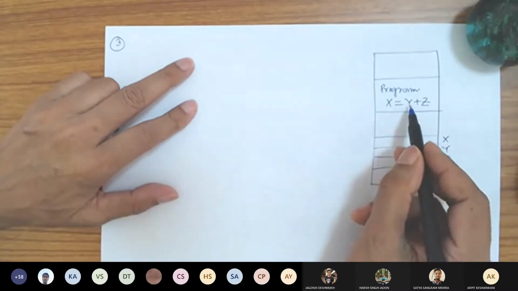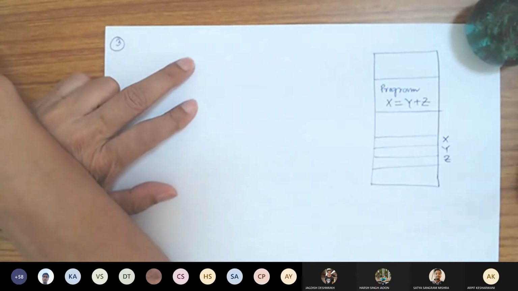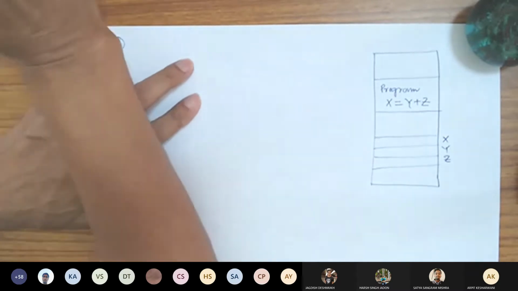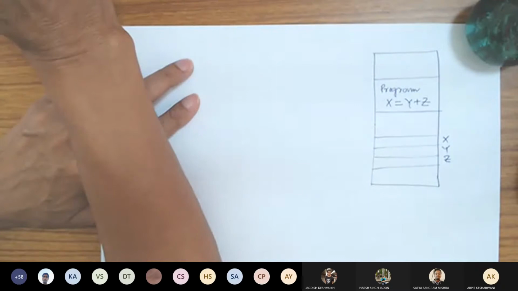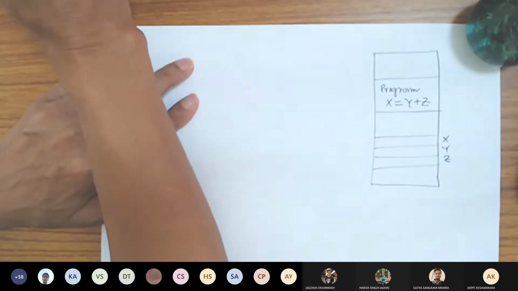If you would like to now execute this program, what type of instructions are needed? So we started today's discussion on introduction to RISC instruction sets.